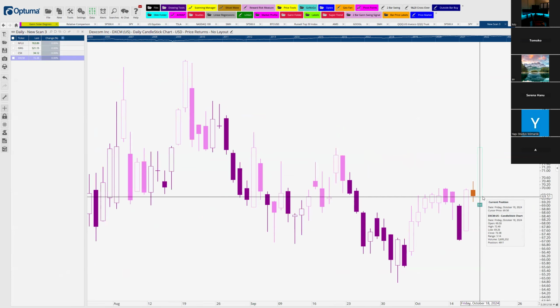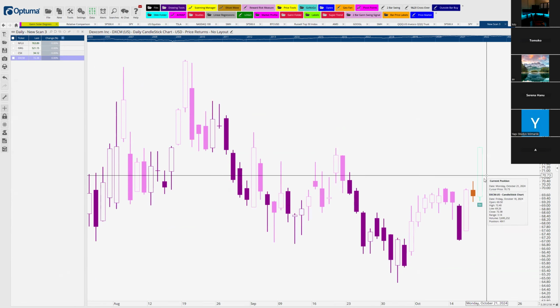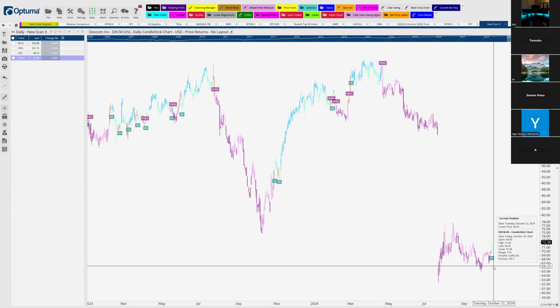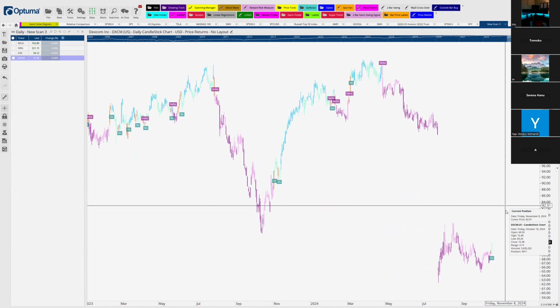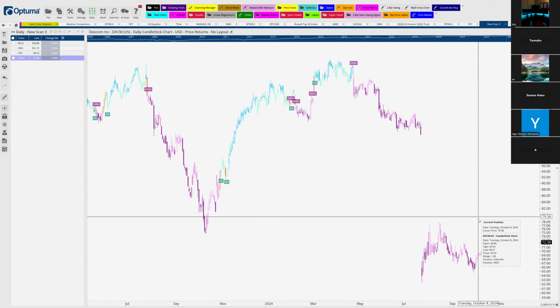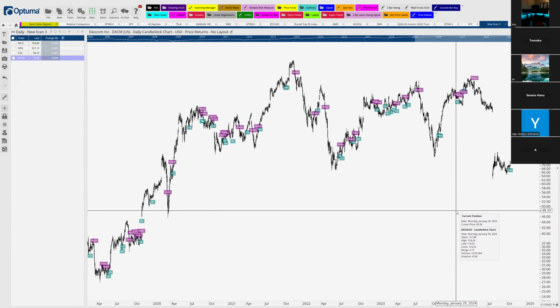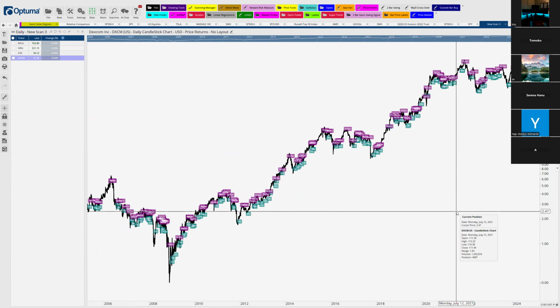Dexcom is showing a little bit darker. Dexcom showing one here, so Dexcom might take a little bit of a breather. Jeez, look at this gap. What the hell happened to this stock?